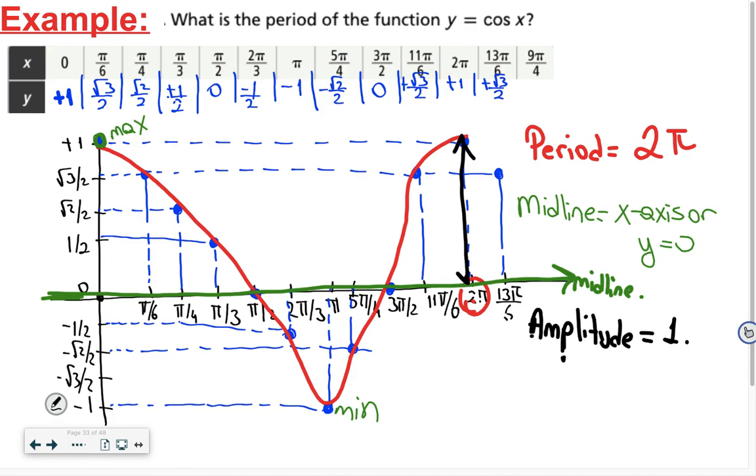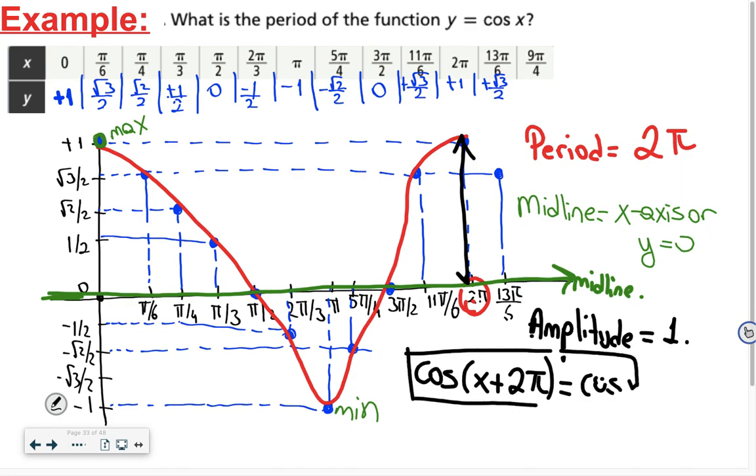So you can also say that cosine of x plus 2 pi is going to be cosine x. So the period of your function is 2 pi. So this is the cosine function. There's one more thing I would like to draw your attention to. Your cosine function generally starts from 1.